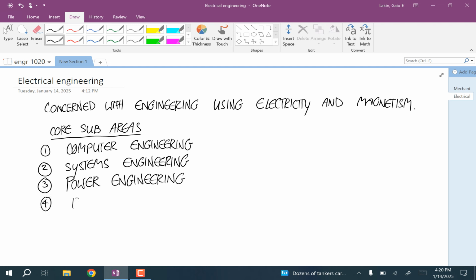Fourth, telecommunications. Fifth is radio frequency engineering.